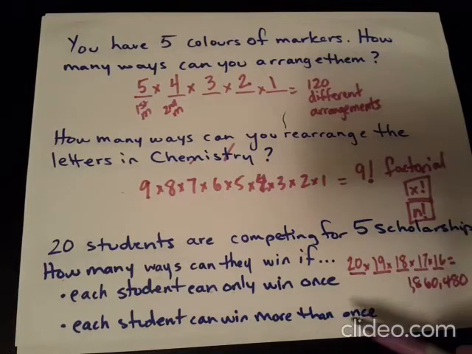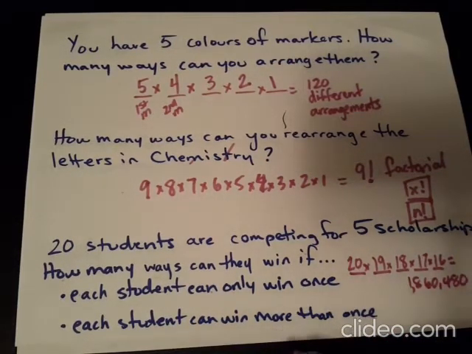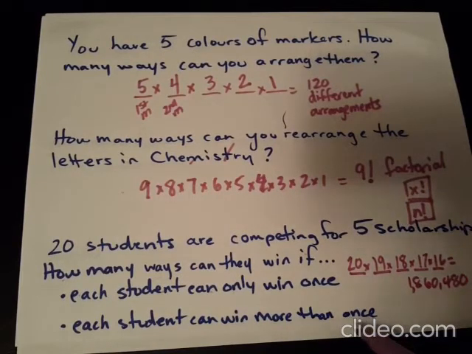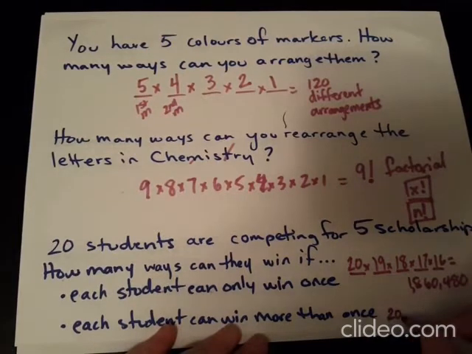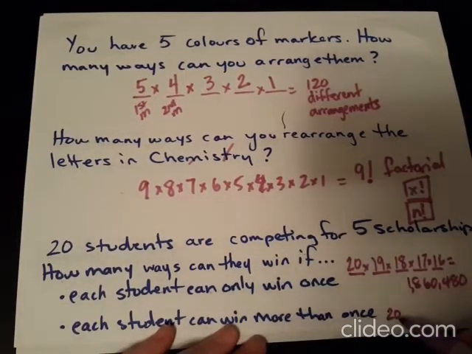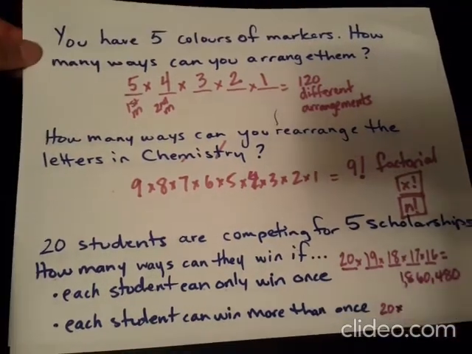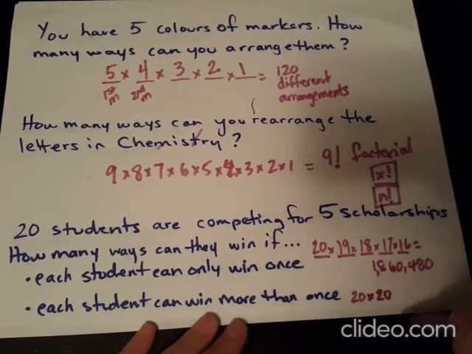But it's possible that, in another scenario, every student could win more than once, which means one student could win all 5. So if we're trying to represent that, for the first scholarship there's 20 students that could win. And when we go to the second scholarship, there's still 20 students because they could repeat.